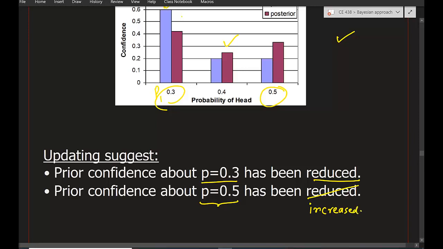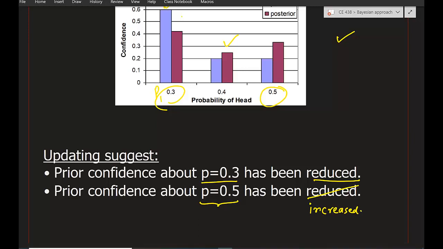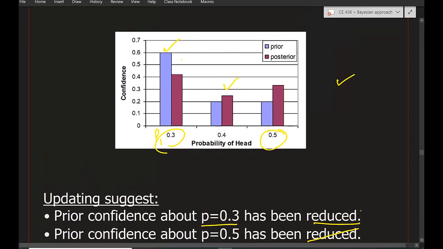So you see, once we have only one data point, some of my prior probabilities have been reduced as well as some of them increased. For example, if I had got a tail, in that case my probabilities would look something like this.